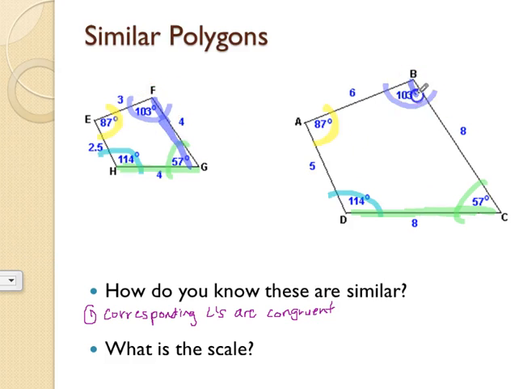So let's compare these two corresponding sides, side BC and side FG. We go from 4 to 8, those doubled. And you can keep seeing, if we look at this side, it's 3, this side is 6, so that doubled, and then 2.5 to 5, those doubled. So we can see that the corresponding sides are proportional.